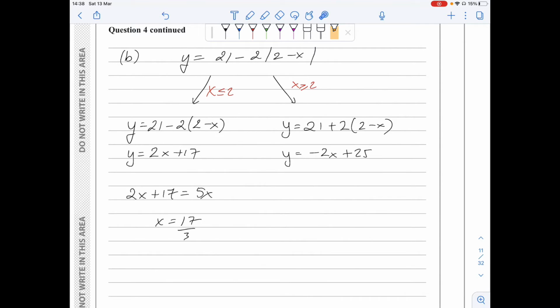Now, since this equation is valid for x less than or equal to 2, this x value will be rejected. From the second one, I will get minus 2x plus 25 equals 3x. So x equals 25 over 7, which is the only solution of this equation.